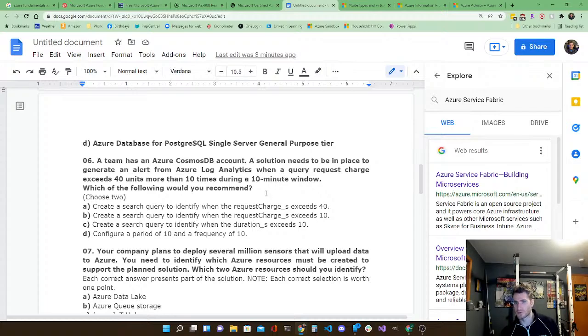So a big query that takes a long time is going to have more units than a super simple, fast query, basically. So this definitely seems like the right answer here.